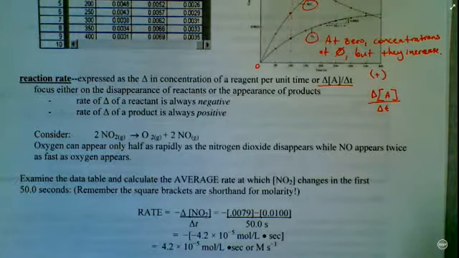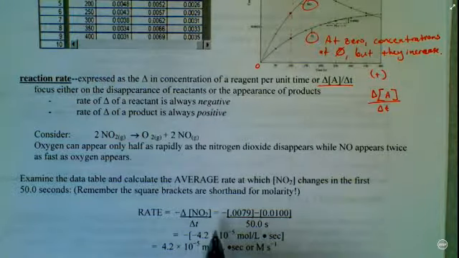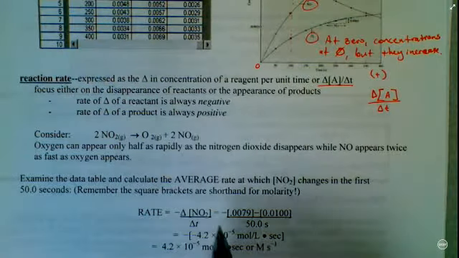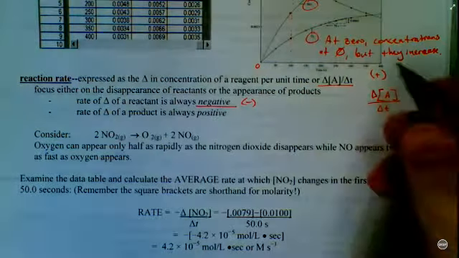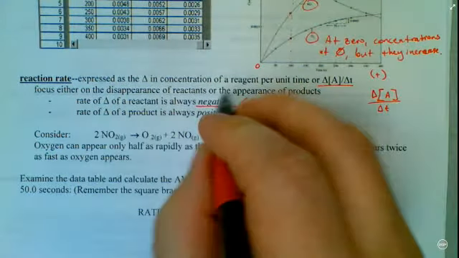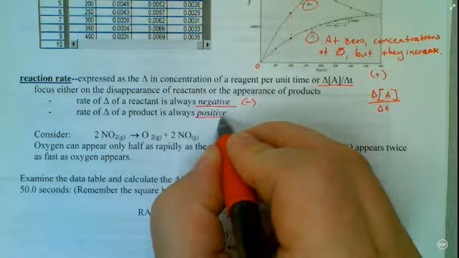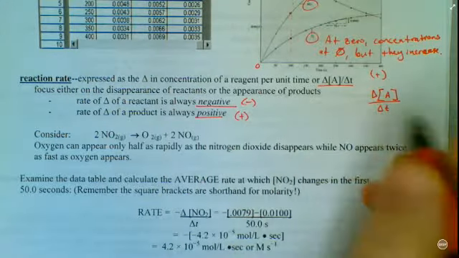Now, you can either focus on the disappearance of reactants or the appearance of products, either one. But if you are looking at the change in reactants, the rate is always going to be negative, because the reactants are disappearing. The change in concentration of product is always going to be positive, because they are being made, they are appearing.